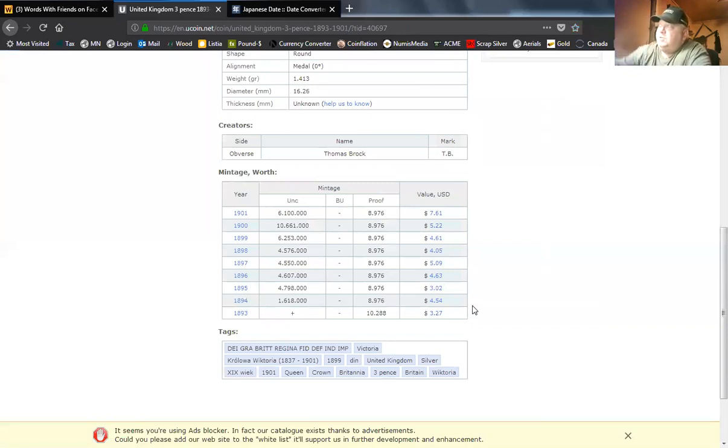This is more of the uncirculated value of the coins if they're uncirculated. So when you get down to it, my $4.63, good condition, it's probably only worth about $1 or $2. Scrap value is probably only worth $1.30 anyway, because it's worn down pretty bad. So I hope you guys like that.